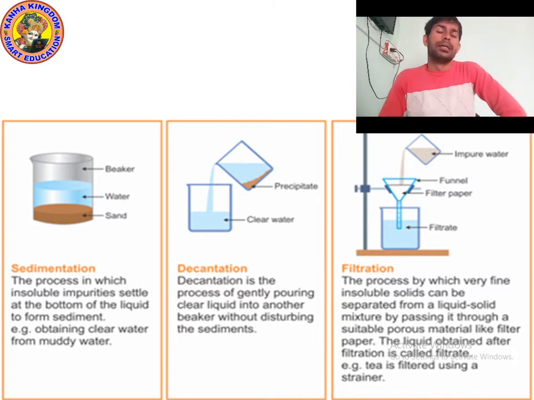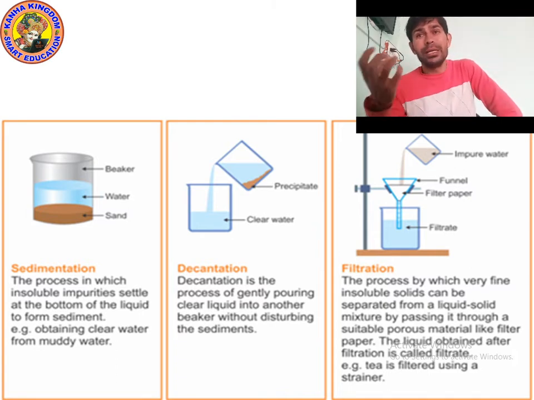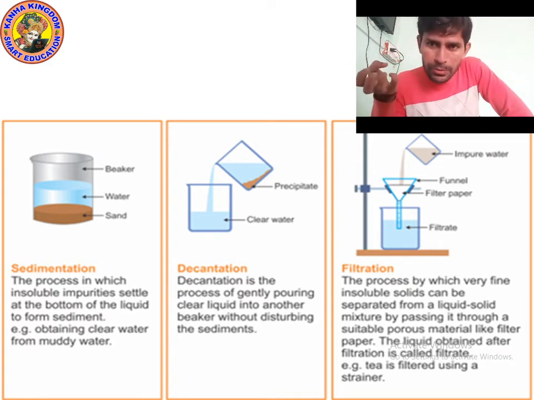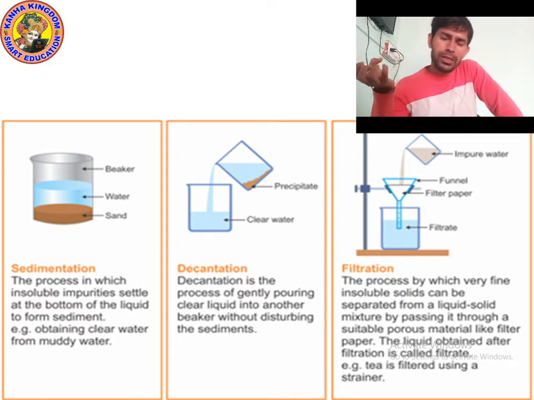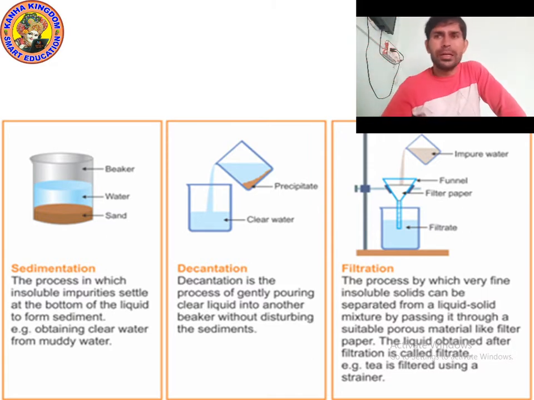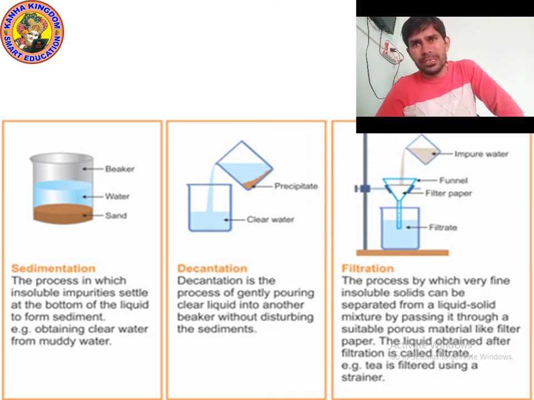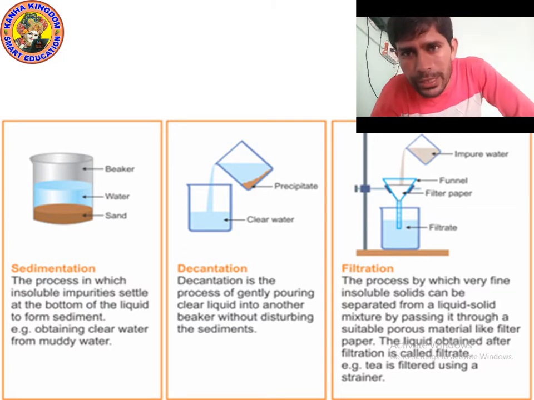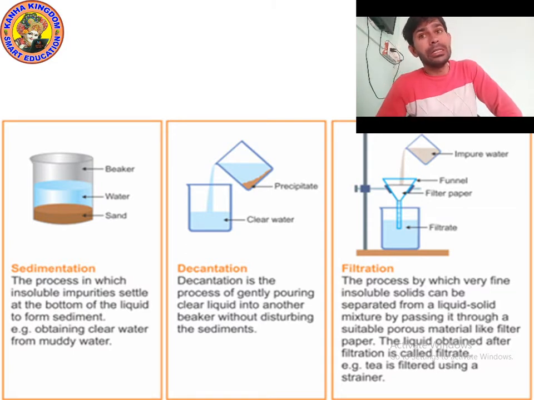So you take the sediment water that you got from the sedimentation process and pour it into another empty beaker without disturbing the impurities. This process is known as decantation. What is the spelling of decantation? Decantation. So I hope you understood what sedimentation is and what decantation is.